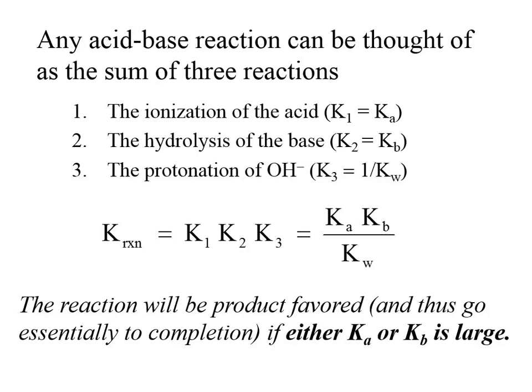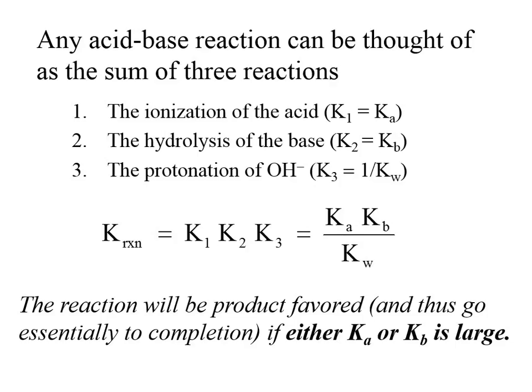But my point here is basically that the acid-base reaction that we're talking about is going to favor the product side. It's going to go to the right if it has a high K of reaction. And that can only be the case if your Ka or Kb is large.